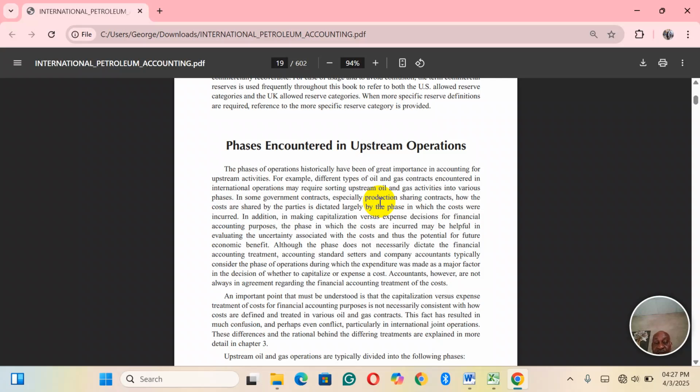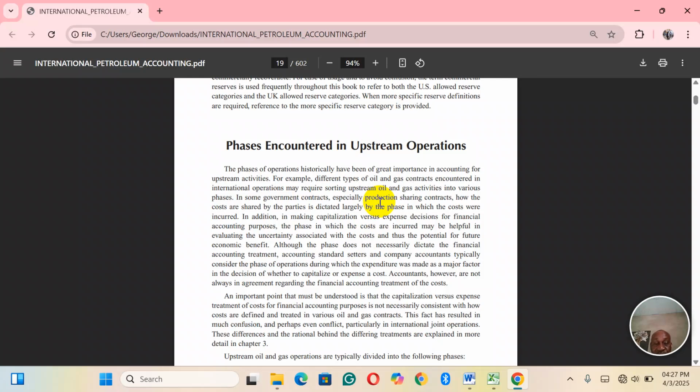For example, different types of oil and gas contracts encountered in international operations may require certain upstream oil and gas activities to be divided into various phases. In some government contracts, especially production sharing contracts, how the costs are shared by the parties is dictated largely by the phase in which the costs were incurred.